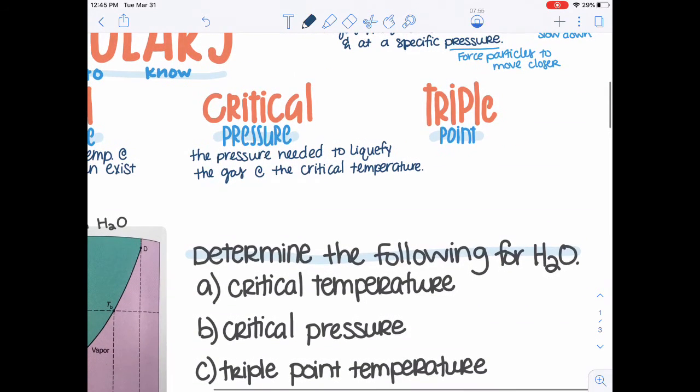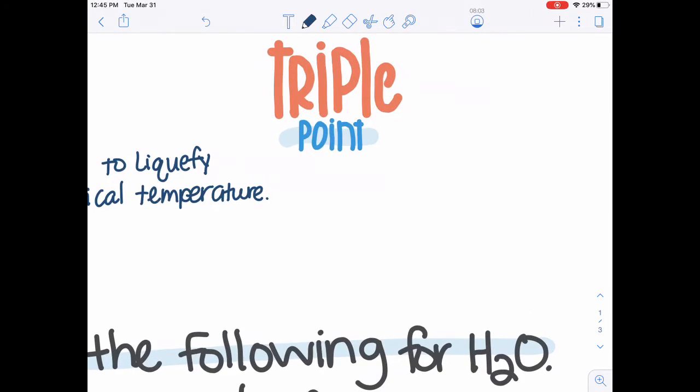The triple point is another piece of data that we can pull off of a phase diagram. The triple point is the specific temperature and pressure at which all three phases of matter exist at equilibrium.